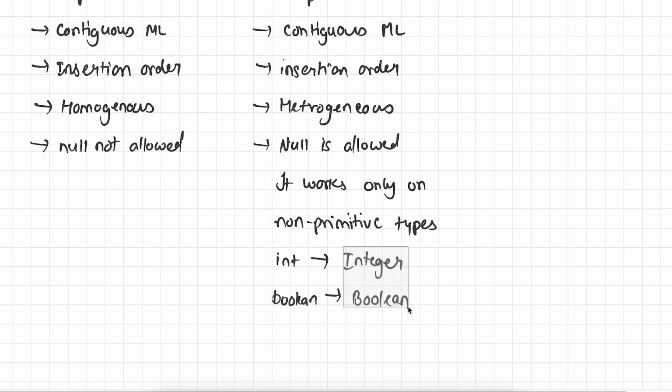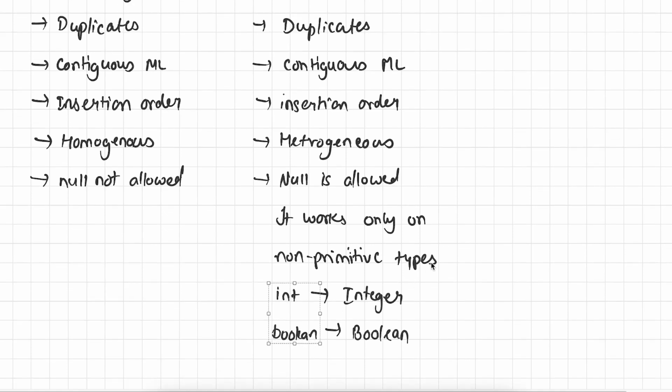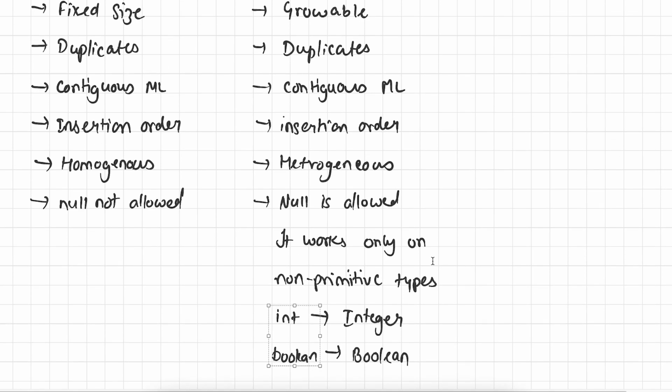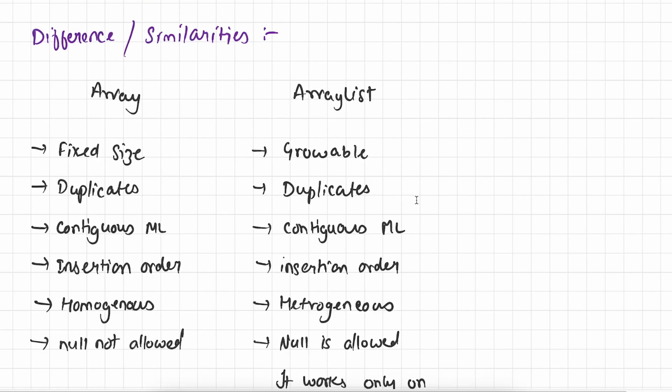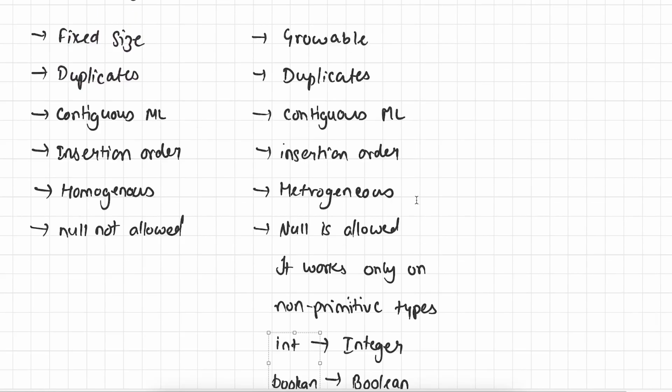But these two classes are reference types or non-primitive types, whereas these two data types are primitive types. So that is why null is allowed in ArrayList. So let's say if we do not have an object, we can store null in that place. So I hope, guys, now you understood the differences and similarities between arrays and ArrayList.